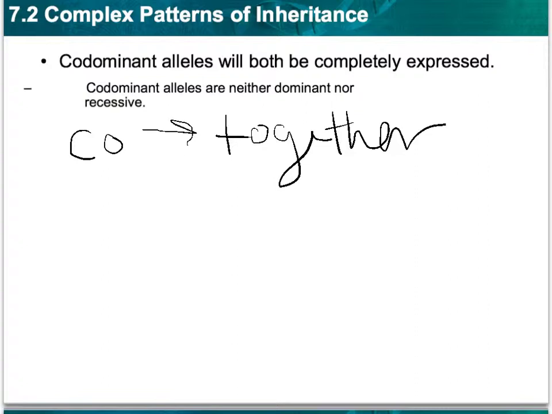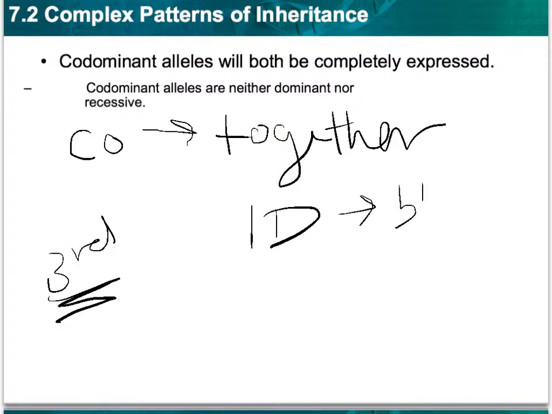The genetic gist to codominance is pretty much the same as incomplete dominance. A hybrid organism shows a third phenotype. Not the usual dominant, and not the quote-unquote recessive one, but a third and different type. With incomplete dominance, I'm going to call that ID, you get a blended.